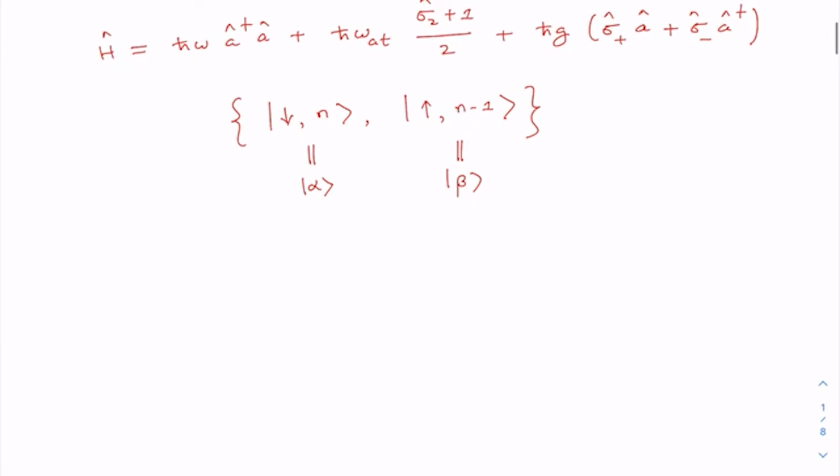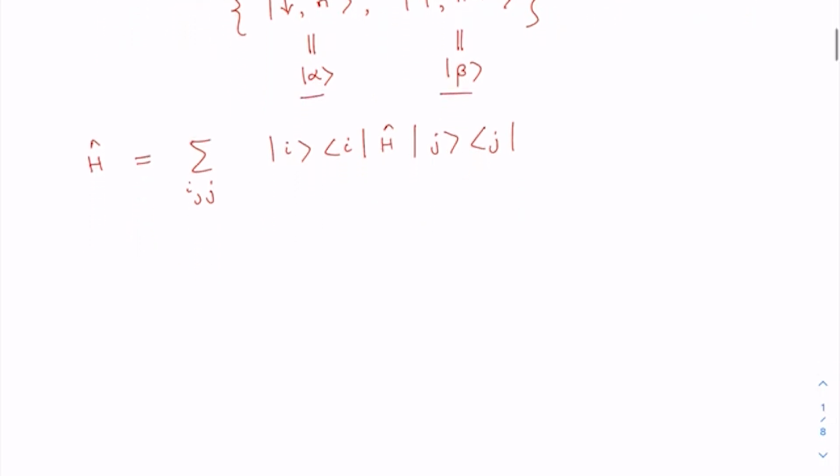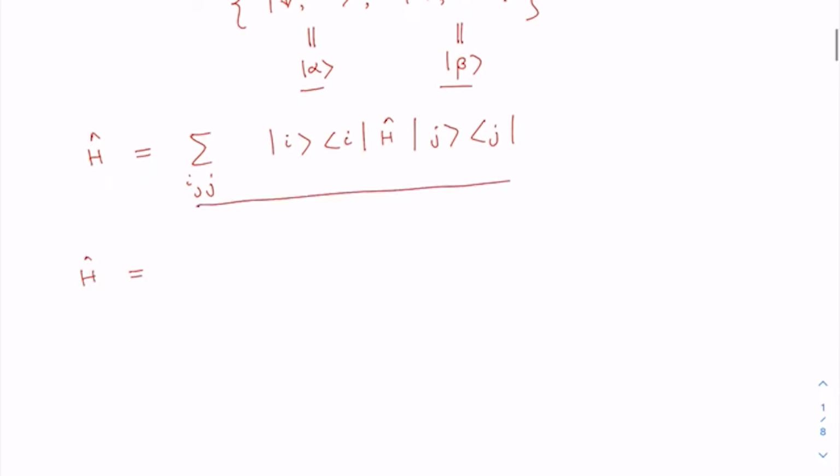Now, using the fact that H can be written as we have done so many times, because we have only two kets here, alpha and beta, the Jaynes-Cummings Hamiltonian we can write by expanding this term.